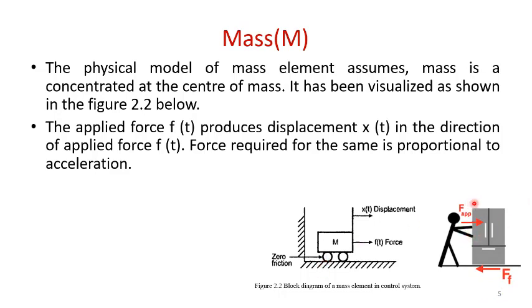For example, there is a body and we apply a force in this direction. Then the reactive force, or the frictional force, will be equal and opposite to the applied direction. So the net force acting on the body, for the body to be in equilibrium, requires that the applied force be equal to the reactive force.